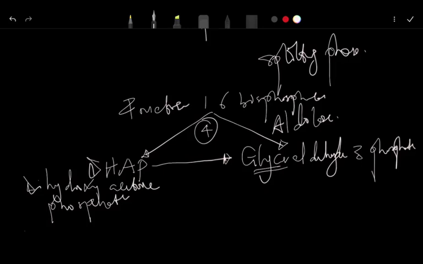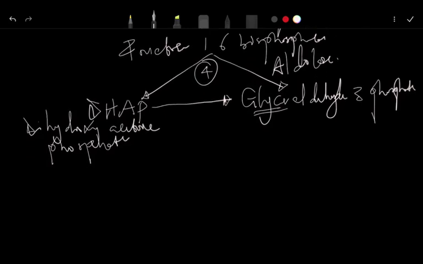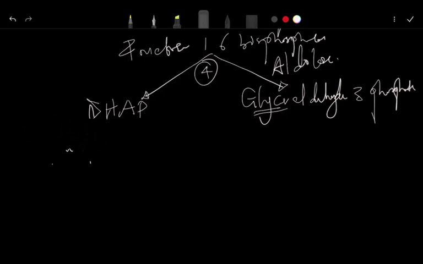Alright. So let's proceed. Let me take this a little bit down. You already know the name dihydroxyacetone phosphate, so I will just remove this now. Like I said, dihydroxyacetone phosphate will also form glyceraldehyde 3-phosphate, G3P. I'm using this to represent glyceraldehyde 3-phosphate.